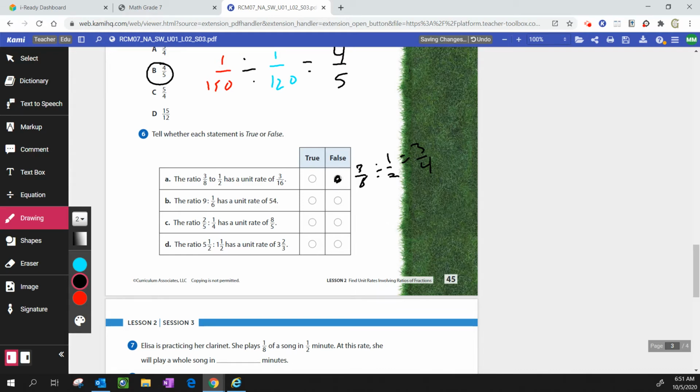Then 9 to 1/6 means I'm going to do 9 divided by 1/6. So again, in my calculator, 9 divided by 1 ABC 6, and 54 is what you get. So that one's true. 2/5 to 1/4. 2/5 divided by 1/4. So 2 ABC 5, excuse me, divided by 1 ABC 4.